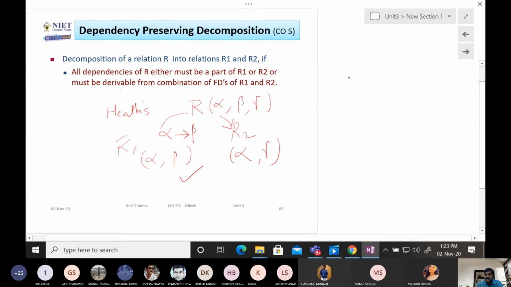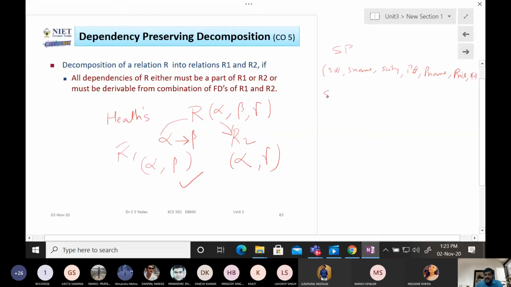Recall that thing: in the SP table we have all the attributes S number, S name, S city, then P number, P name, price, and quantity.